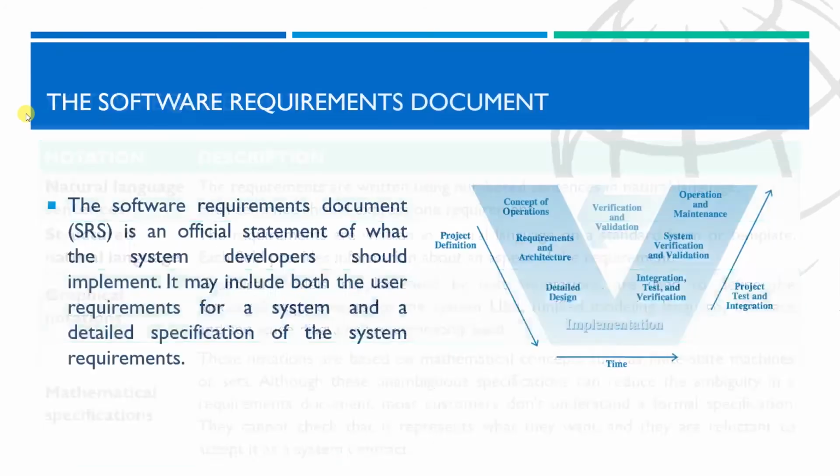Then there exists a software requirements document. The software requirements document, sometimes called the software requirements specification or the SRS, is an official statement of what the system developers should implement.